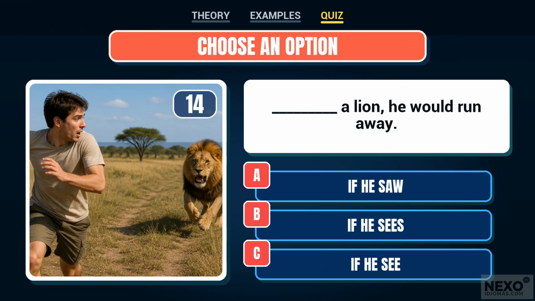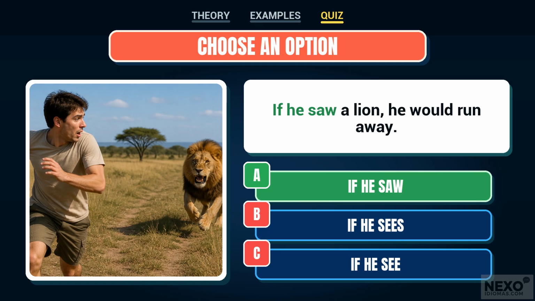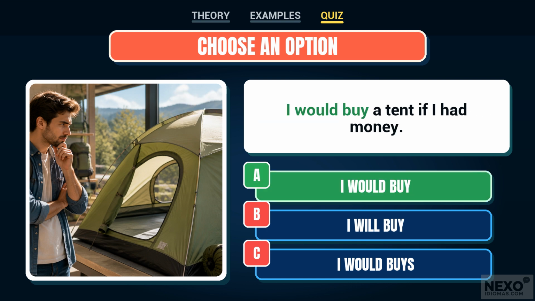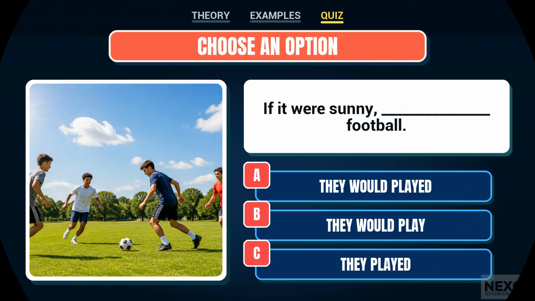If he saw a lion, he would run away. I would buy a tent if I had money.